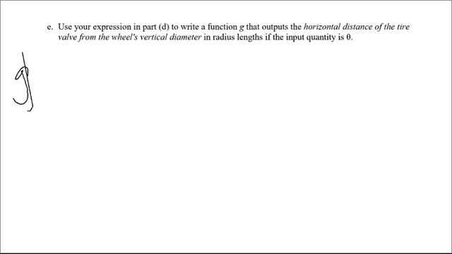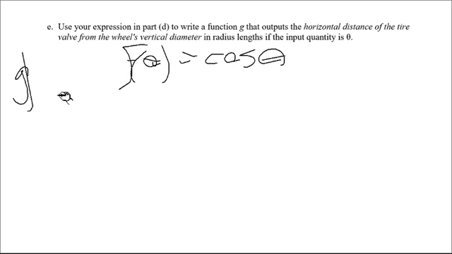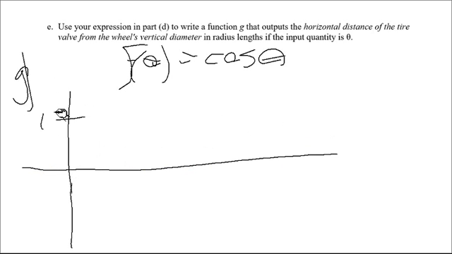Part G of this question asks us to graph f of theta equals cosine theta. Well, that's our standard cosine of theta graph with amplitude of 1, and at 1, 2, 3, 4, 5, 6, 7, 8.